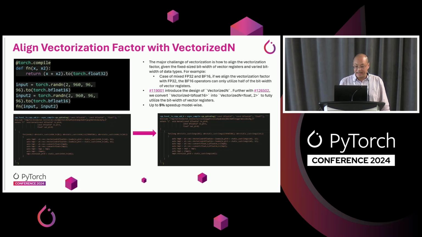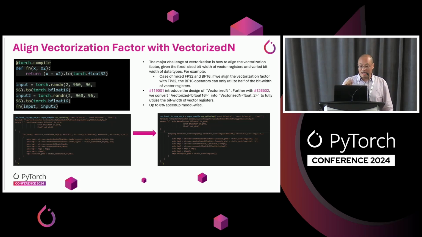Vectorization factor is the number of elements a vector kernel processes simultaneously in a single vector operation. For example, AVX512 can process 16 float elements and 32 bfloat16 elements per vector. A vectorized kernel chooses to use a single vectorization factor.